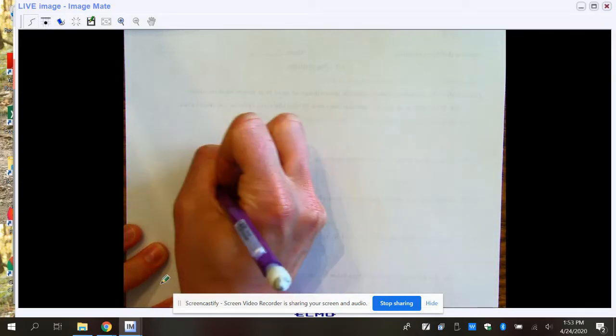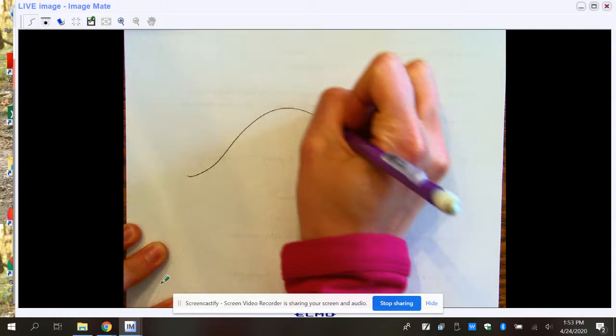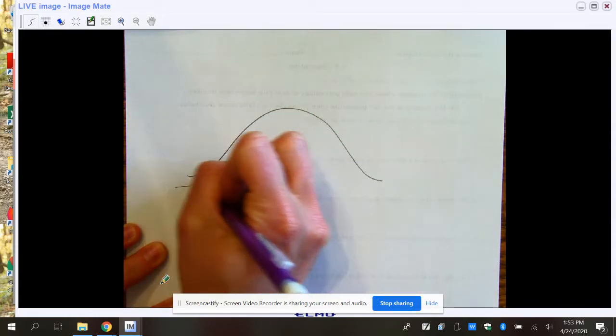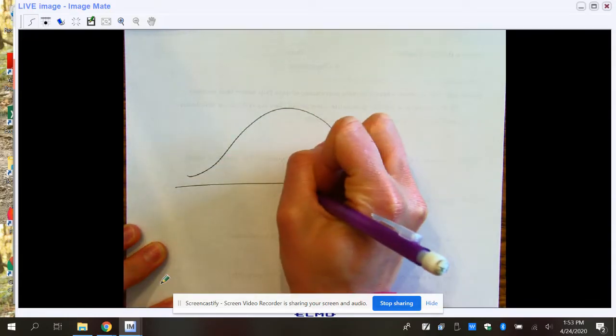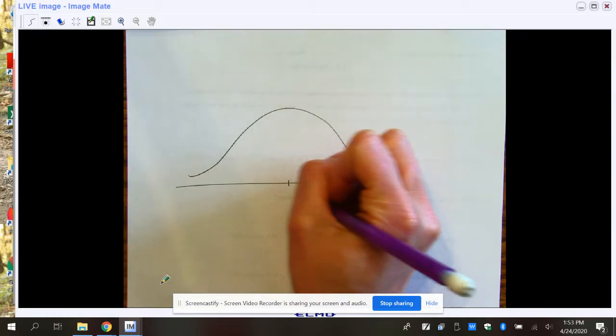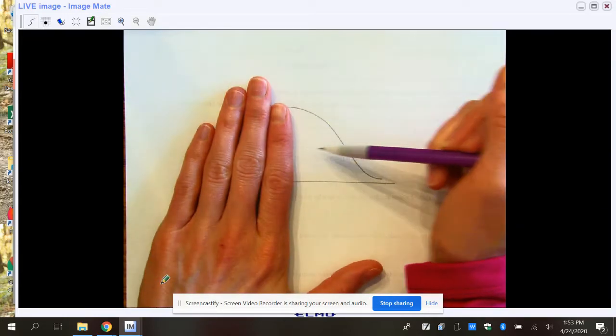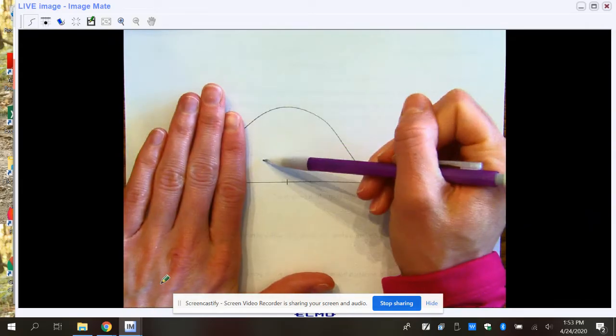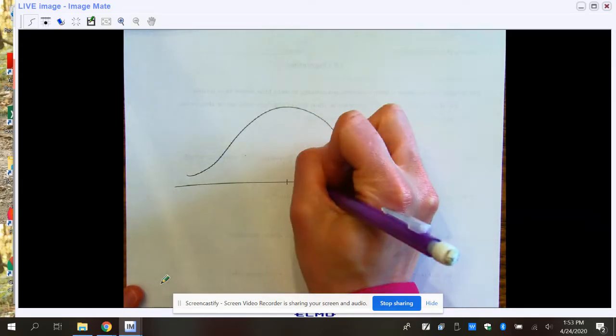So I'm just going to sketch this and walk through it again, how to break it apart. If we've got our normal bell curve right here, the empirical rule states that our mean is right in the middle. So 50% of your data is above, 50% of your data is below.